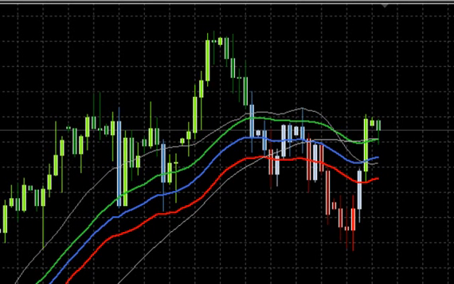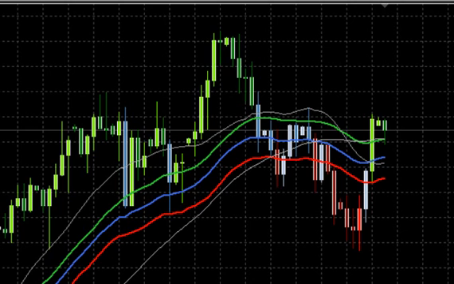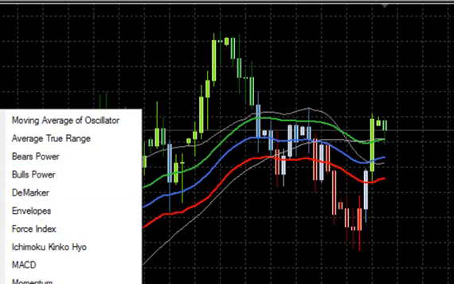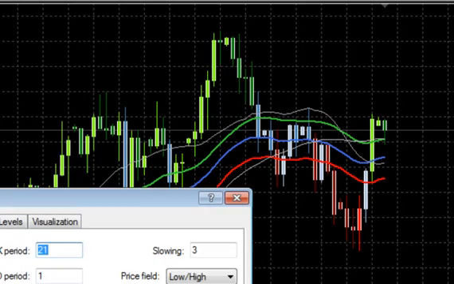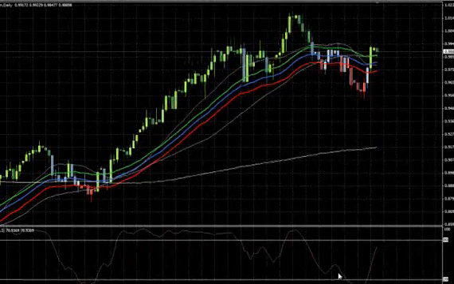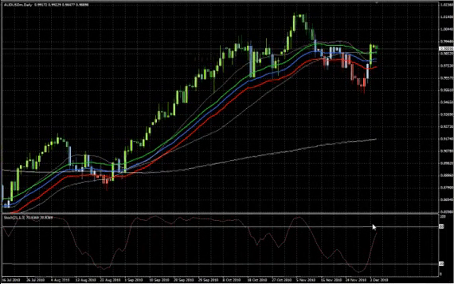exhaustion. We could look at additionally inserting, for example, an indicator like a stochastic. My preference is for a slower 21 period. And again, even the stochastic is implying maybe a little bit more upside, but this is where we're going to start to see that buildup of selling pressure. So I'd like to see the stochastic over 80.